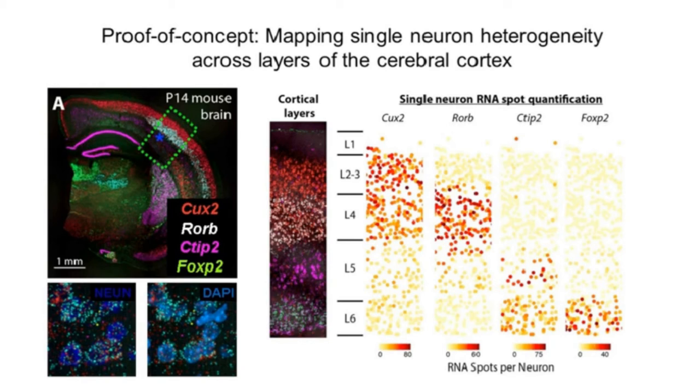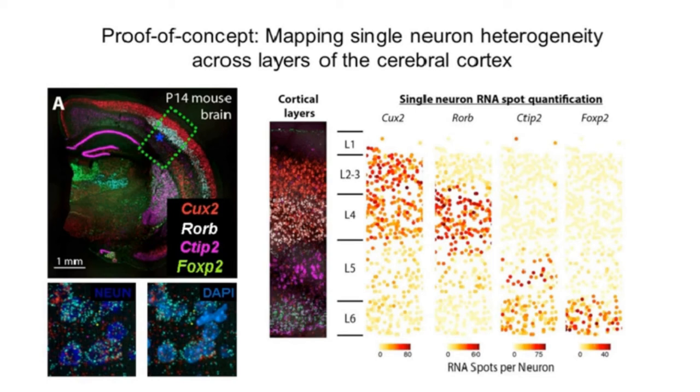Each spot in these diagrams corresponds to an automatically identified neuron. In each of these diagrams, they are colored quantitatively according to the number of RNA molecules that they express for each gene. And as you can see, qualitatively, these automatically identified expression patterns match what we know about the expression of these genes.